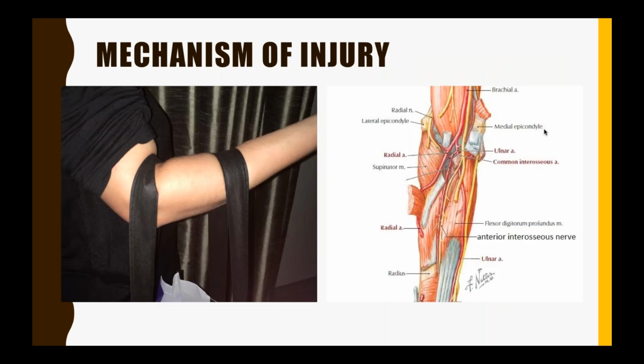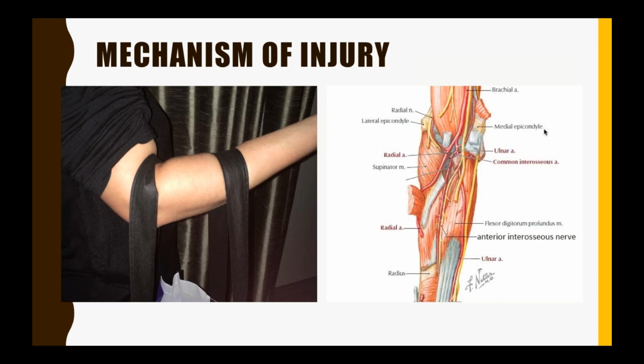And here's a picture. This is not of the patient, but this is simulating her injury. And we can see here, this is the type of bag that she used and how she was using it. And we can see here that the proximal strap is right over the part of the radial nerve proximal to the split of the superficial radial sensory and the posterior interosseous nerve.